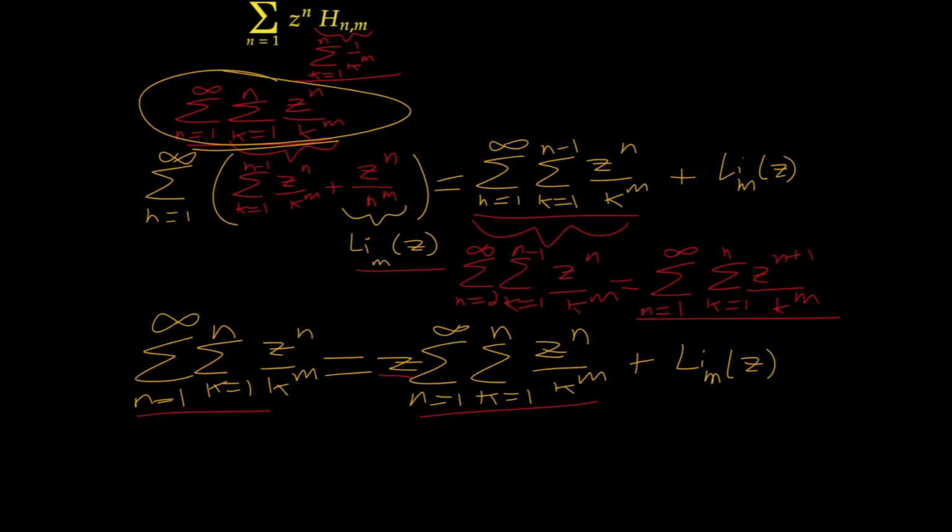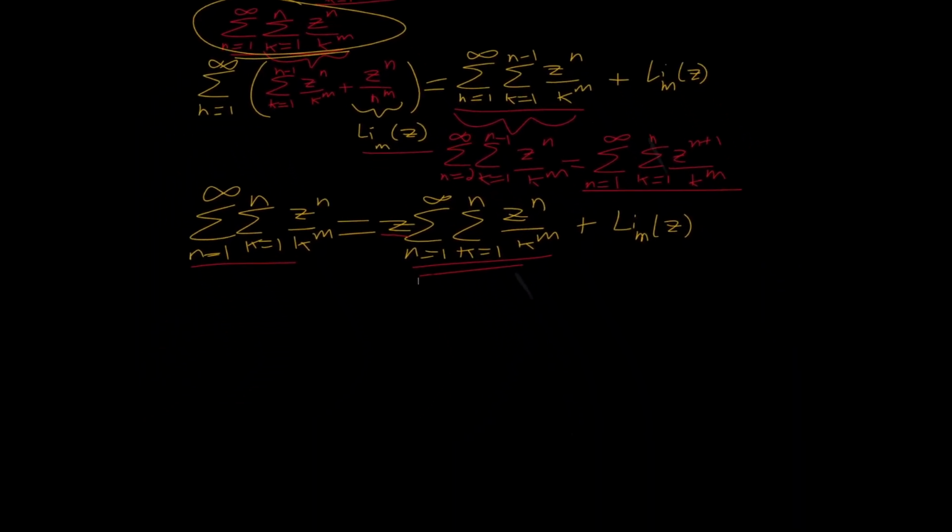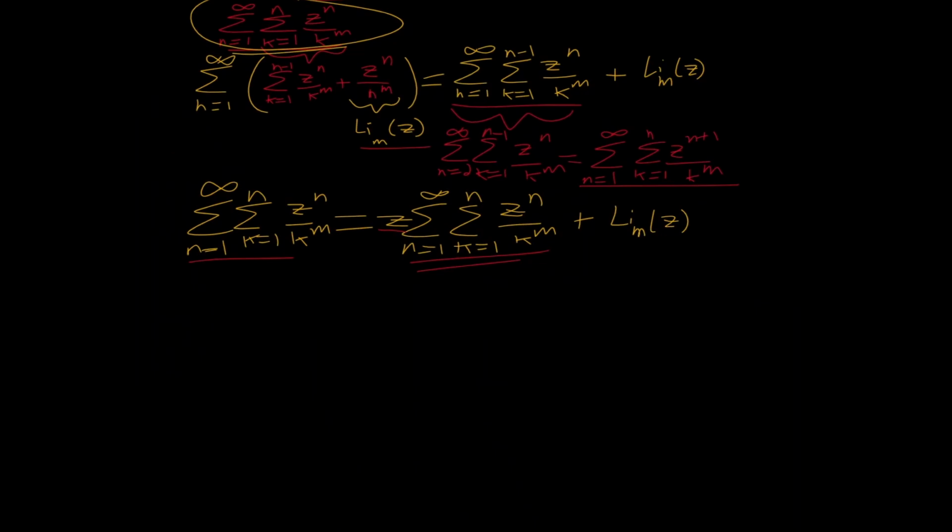So just subtracting both sides by this right here, and factoring of course, we see that we actually have 1 minus z times all the sums is equal to our polylogarithm.